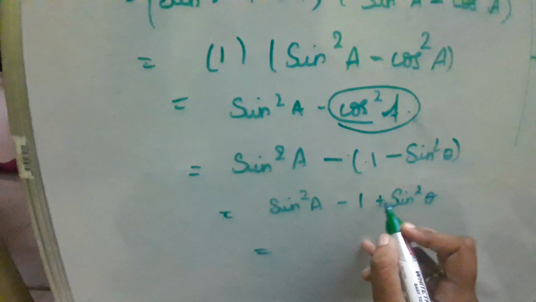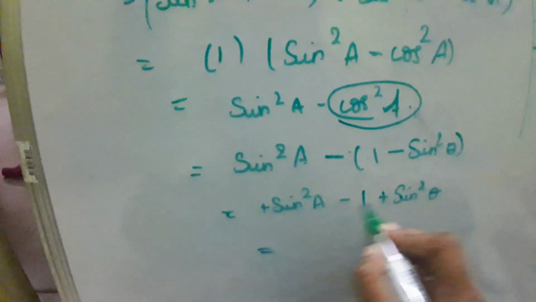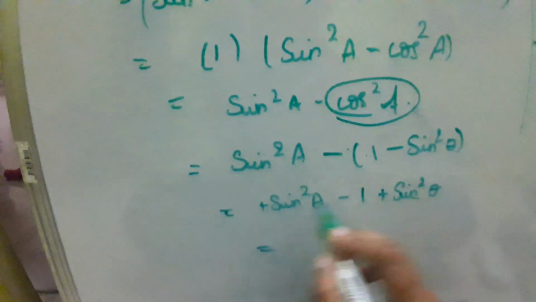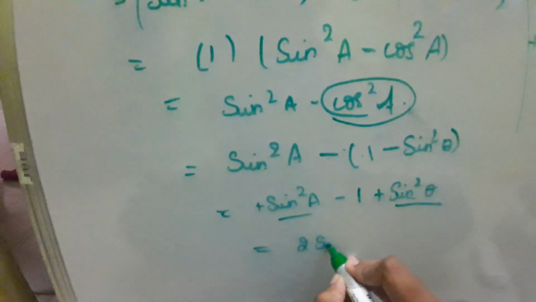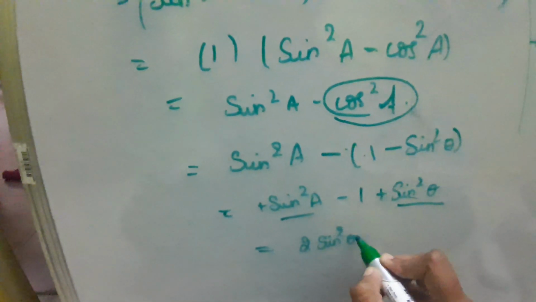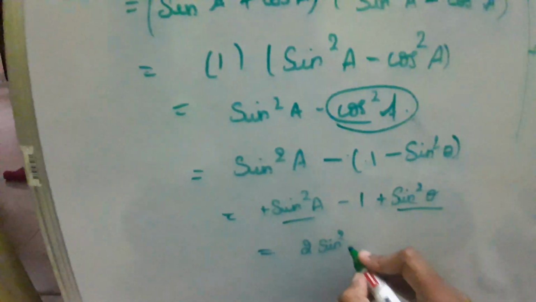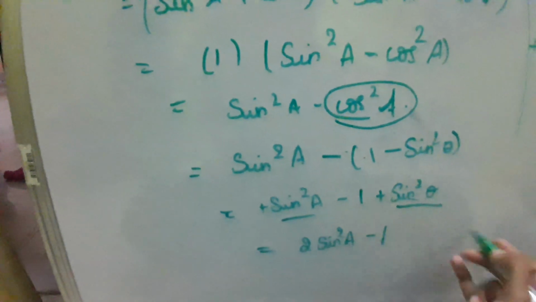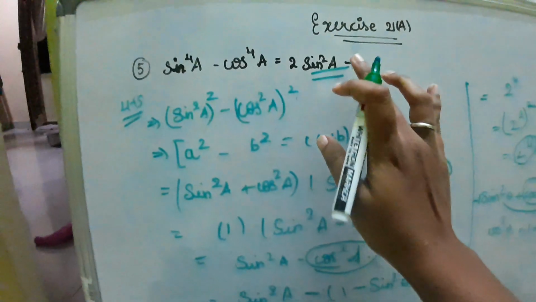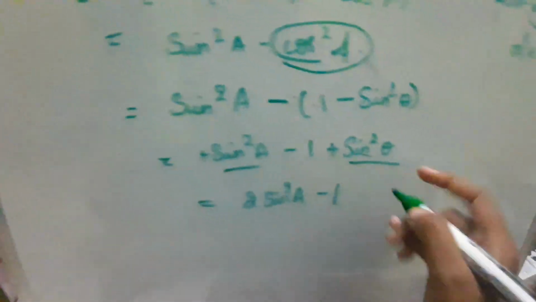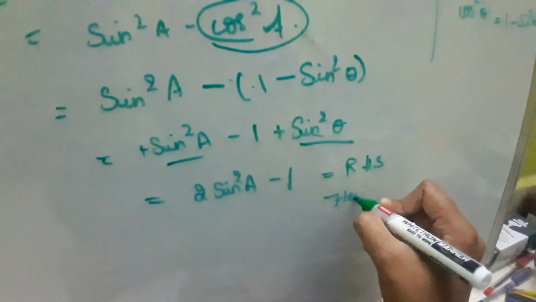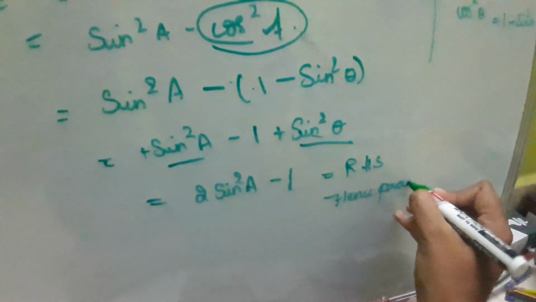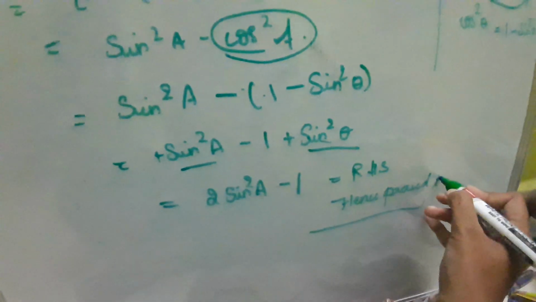Now we can see there are 2 sin square a's, right? So we can write this as 2 sin square a, and this minus 1 will remain as it is. And now check whether we have proved the RHS. Yeah, so this is equal to RHS and hence proved.